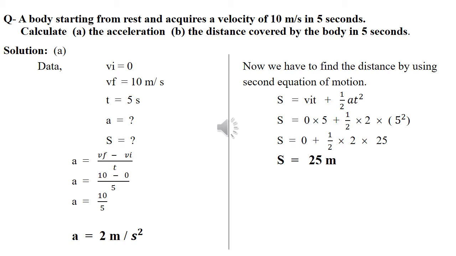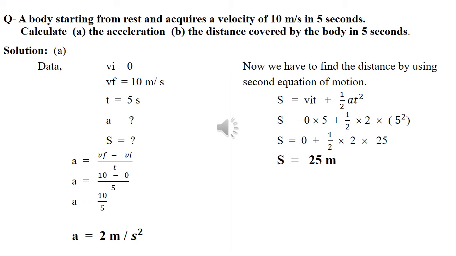So we have 10 divided by 5 equal to 2 meter per second square. Acceleration equal to 2 meter per second square.